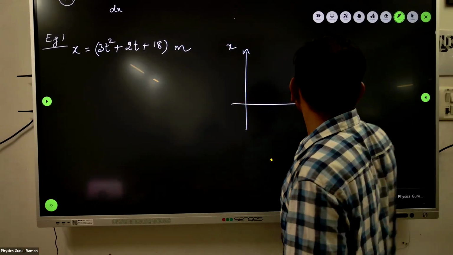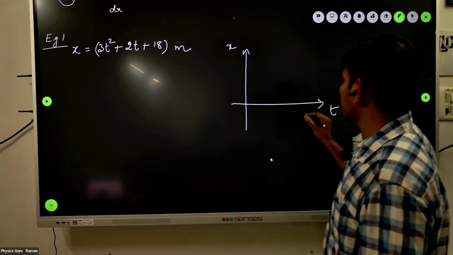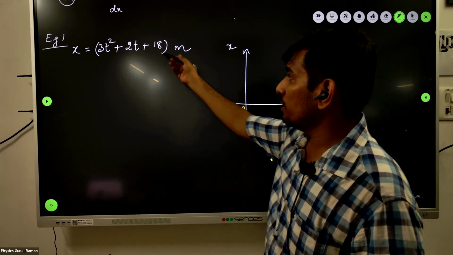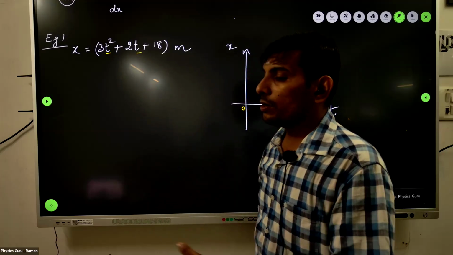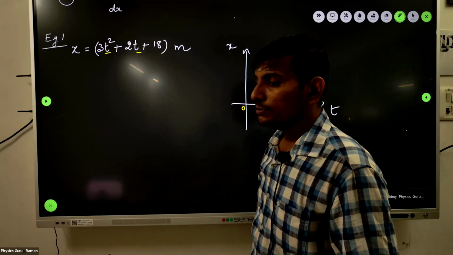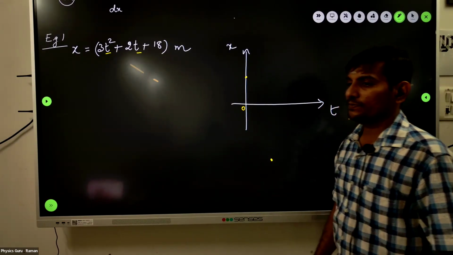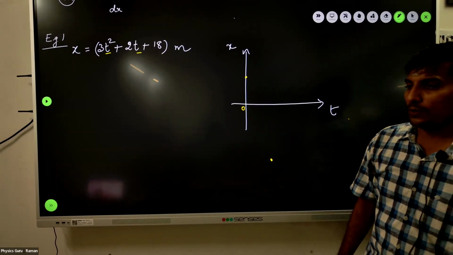When time becomes 0, there is some value left in this. If you make the time equal to 0 in this equation, what will be the remaining information? 18. So the value should start from 18 here. Got it? அதுதான் இன்டர்செப்ட்னு சொல்றோம்.